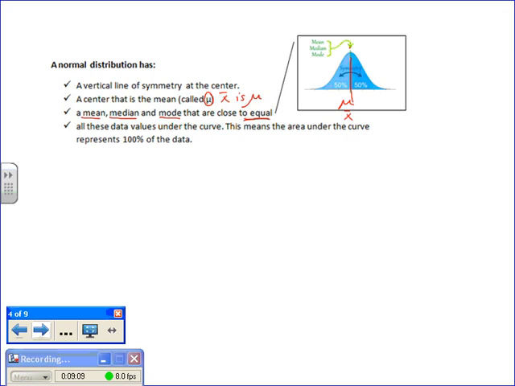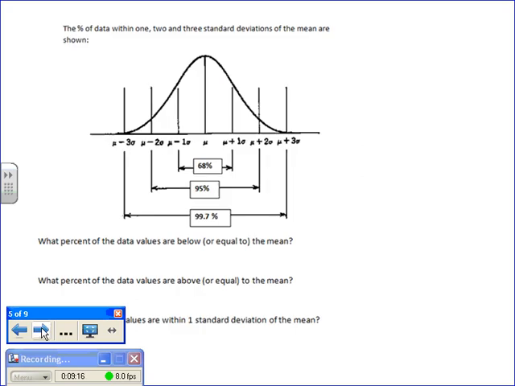We can also break this curve apart, and there are some things that are always going to be true about it. So let's look at this curve that you're given. In class, we're actually going to draw ourselves a curve like this and add it to our data booklet so that we don't have to memorize all of these percentages. With a bell curve, we've already said that 50% of my data lies to the left and 50% lies to the right.